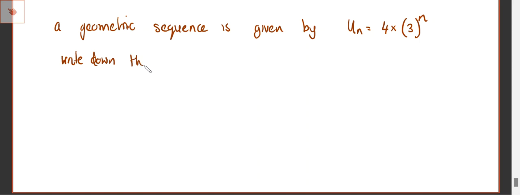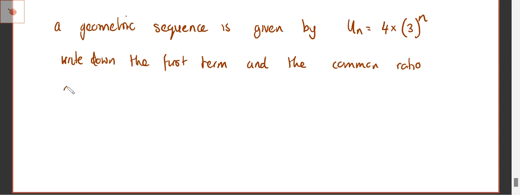Write down the first term and the common ratio. And find the 17th term.